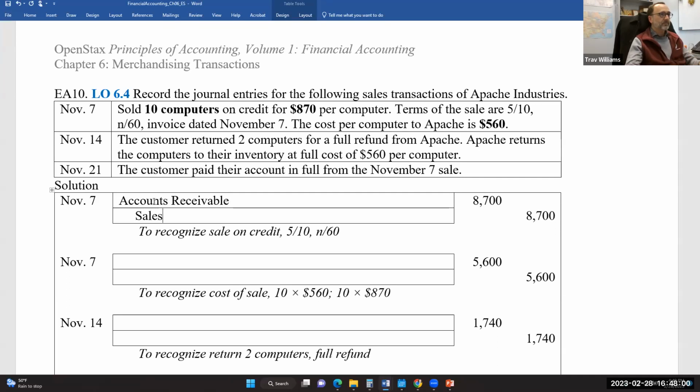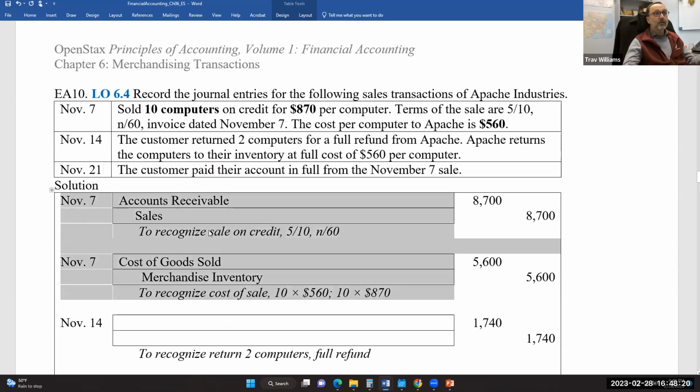It's sales, cost of goods sold, and the last one is merchandise inventory. So this is a pretty common journal entry, right? If you're doing perpetual inventory and you're making a sale, it's going to be debit to accounts receivable unless the customer paid cash, credit to sales or something like that, maybe sales revenue or fees earned if you're a fee-based company, but some sort of revenue account.